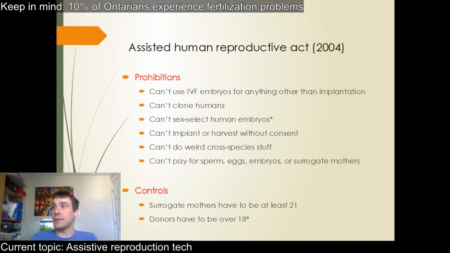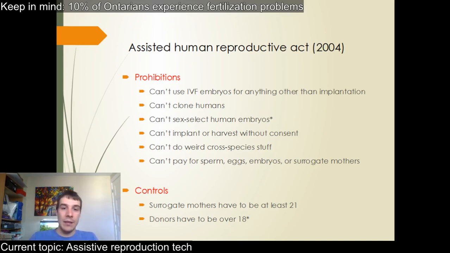But there's an asterisk there. If you're carrying a Y-linked or an X-linked trait and you don't want that trait, specifically Y-linked traits, you can ask for only girls if there's a Y-linked trait that you're trying to avoid. So yeah, that's the human embryo thing.